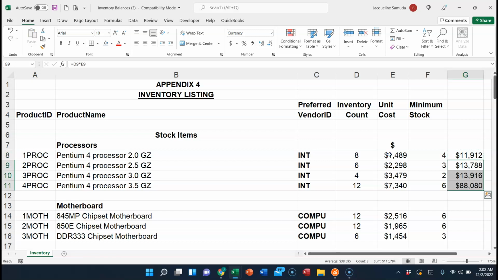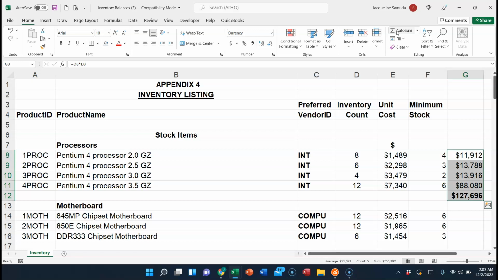Now if I copy that formula and add up the total for this category, notice that I get back the same $127,696. So this Appendix 4 is the subledger to the control totals that we saw in Appendix 1. So I hope you get that clearly.